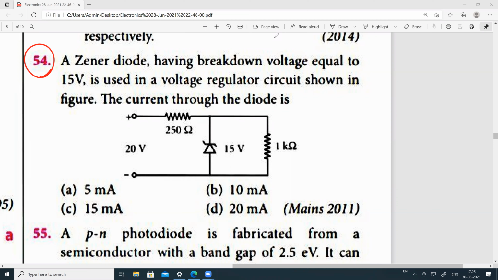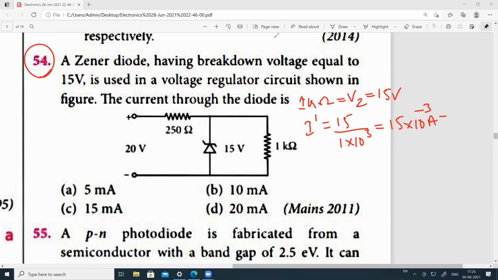Here, from the diagram, the voltage drop across 1 kilo ohm is Vz equal to 15 volts, and the current through 1 kilo ohm is I dash equal to 15 divided by 1 into 10 to the power of 3 ohm. That becomes 15 into 10 to the power of minus 3 ampere, or 15 milliampere.